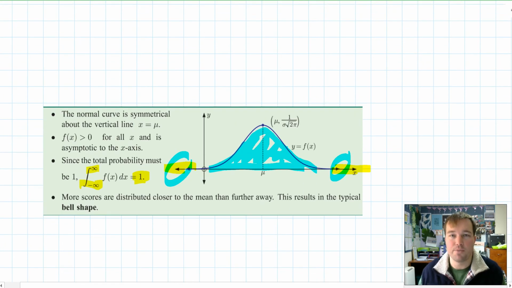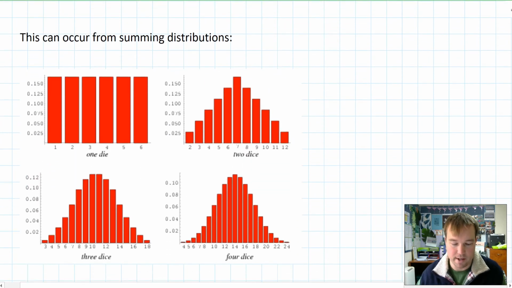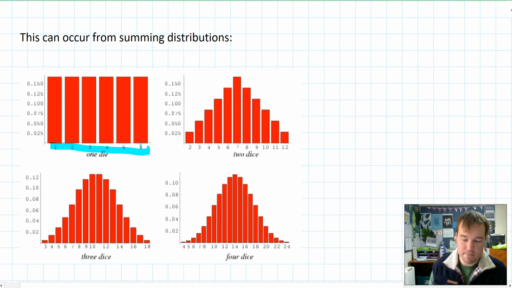This normal distribution can occur from summing other distributions, and this is something we'll look at in more detail later. But take for example 1 dice, 2 dice, 3 dice, 4 dice. 1 dice, there are the probabilities, and they're evenly distributed, but it's not normal. So evenly distributed means there's a mean.